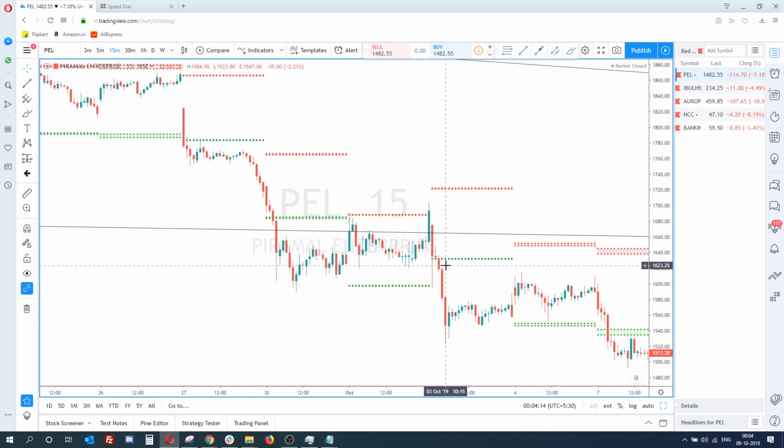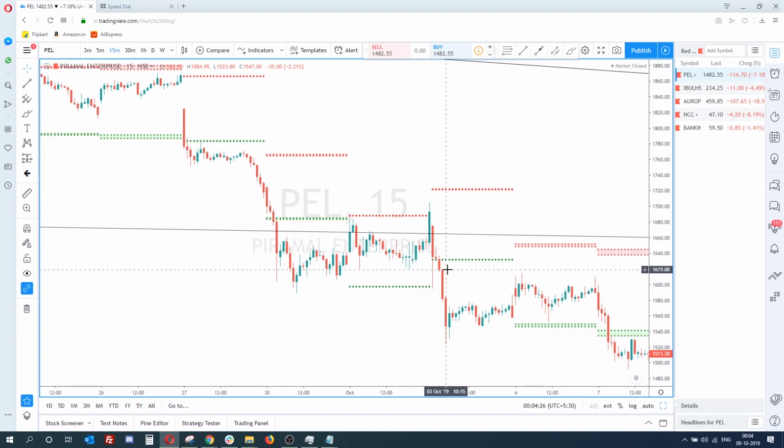Again, you should wait for the 15 minutes to close, guys, because sometimes it might look like a breach, but after 15 minutes it will go right back up. So wait till the 15-minute candle closes, and then you take a trade. Here again you will be making 77,000 if you are holding 1,000 stocks.